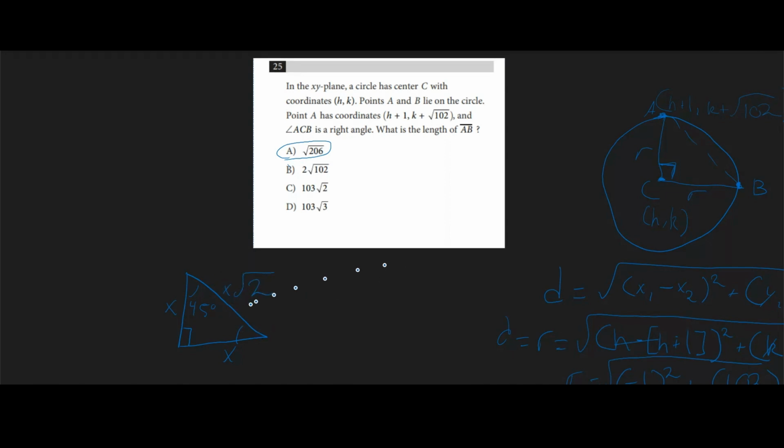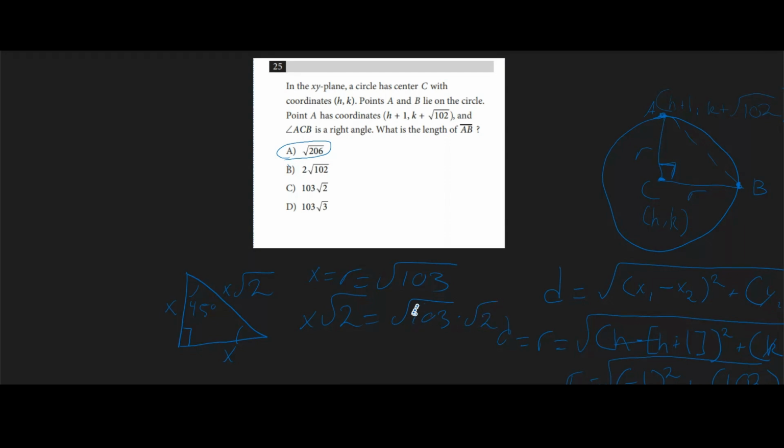So if we wanted to solve it a different way, we can also use this property of special right triangles and just plug in our value of x and simplify to find the hypotenuse. So similarly, if we know that x is equal to r, which is equal to the root of 103, then our x root 2 would just be equal to root 103 times root 2.